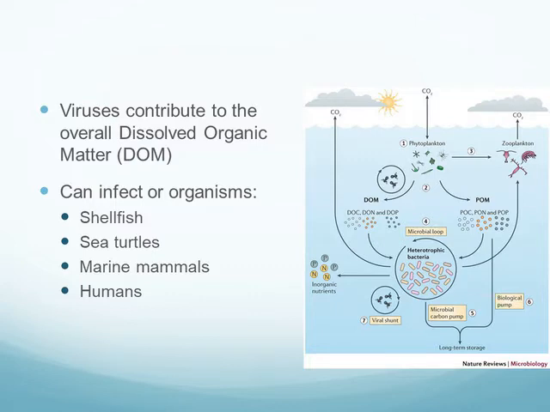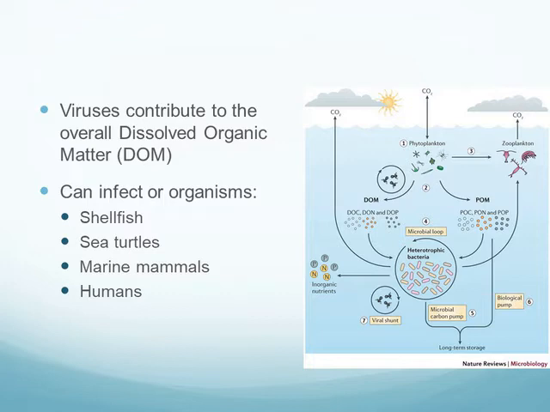All right, so this is what I was talking about on the last slide. Viruses contribute to the overall dissolved organic matter in the ocean, and this is essentially the cycle of nutrients within the ocean.